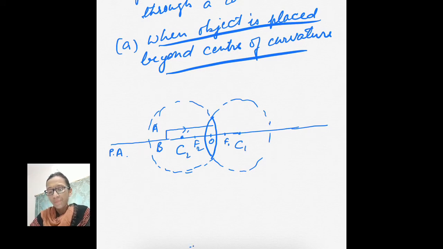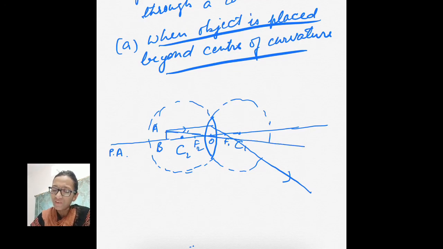So a parallel ray incident on the surface of a lens, after refraction will pass through this focus. This is one ray. Now let me take another ray going through the optical center, and look, it passes undeviated without getting bent. And we get a meeting point over here. So here you have the image of this object AB, and call this image A dash B dash.